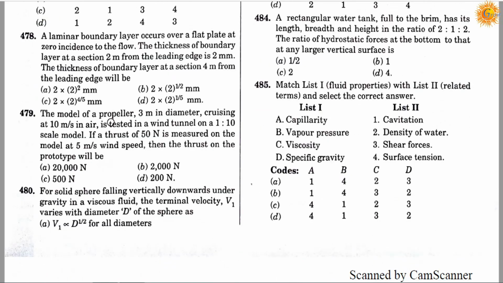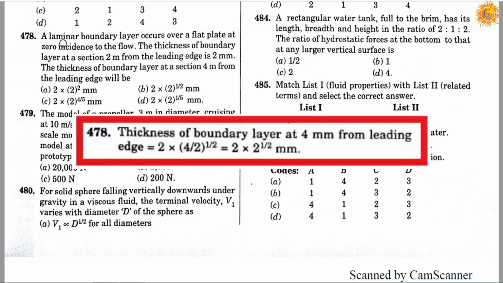Question number 478. A laminar boundary layer occurs over a flat plate at 0 incidence to the flow. The thickness of the boundary layer at a section 2 meter from the leading edge is 2 mm.